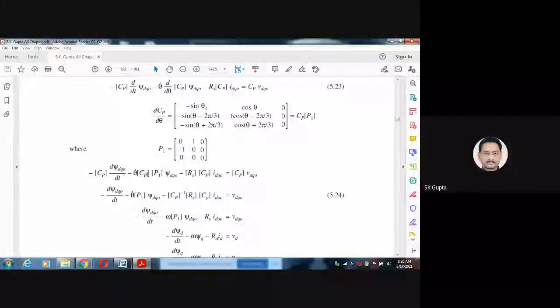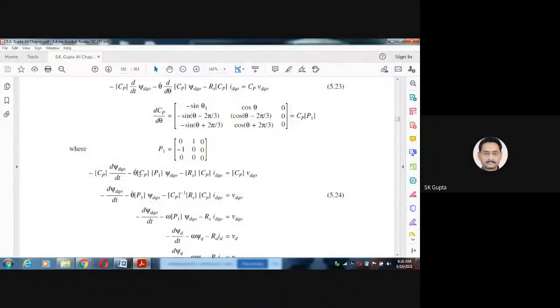Here multiply by P or Cp inverse, this will be identity matrix, so it will be theta dot P1 and psi dq0. Multiply here Cp inverse Rs Cp I dq0. This multiplied by Cp inverse will be the identity matrix. So this equation we will get.